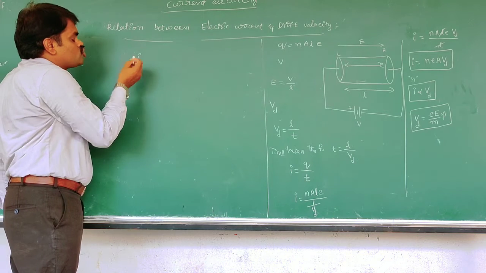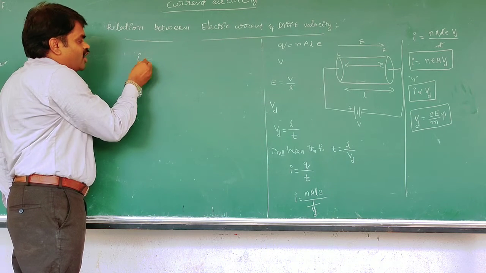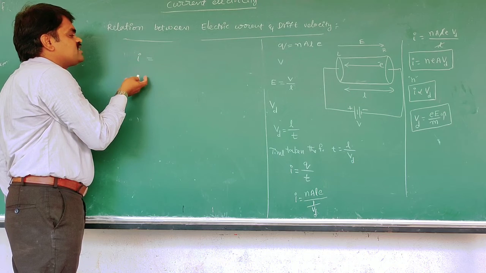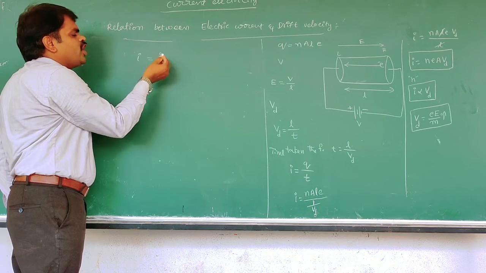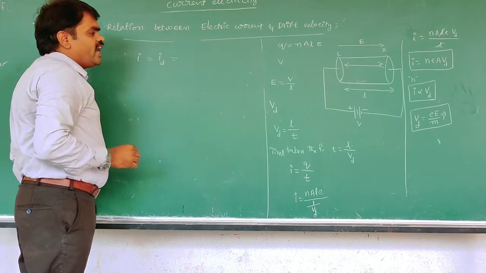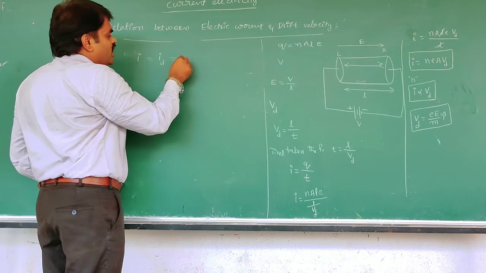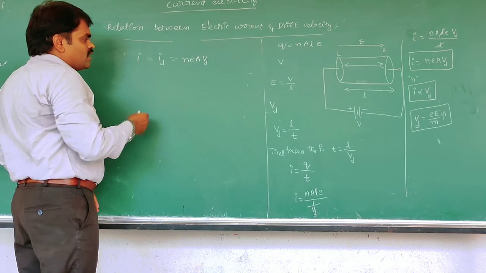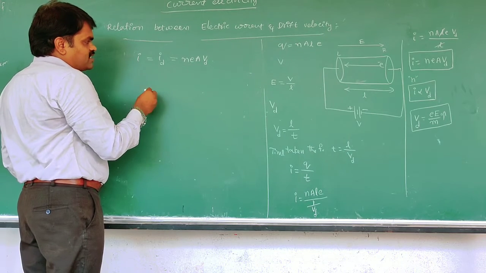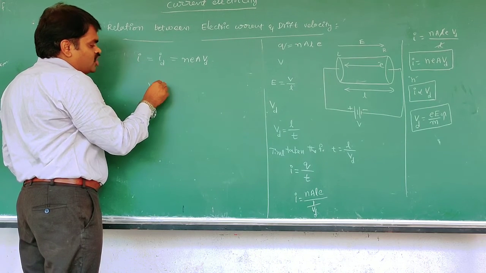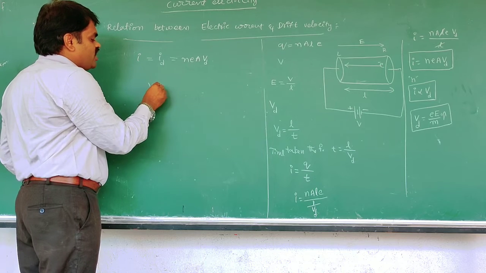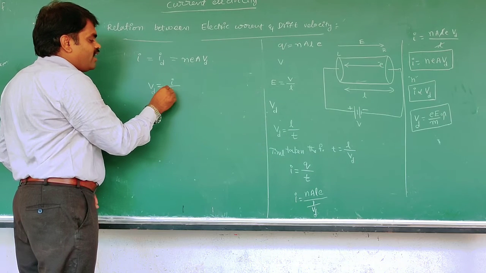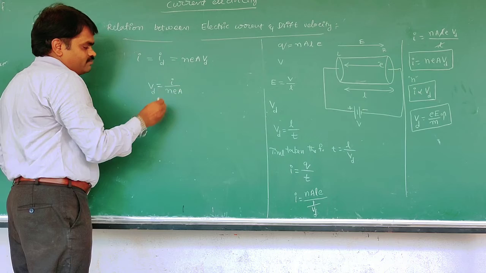The current is due to the drift electrons. That's why this current we consider as a drift current I_D also. Then I is equal to I_D equal to neAVd. Then drift velocity Vd is equal to I by neA.